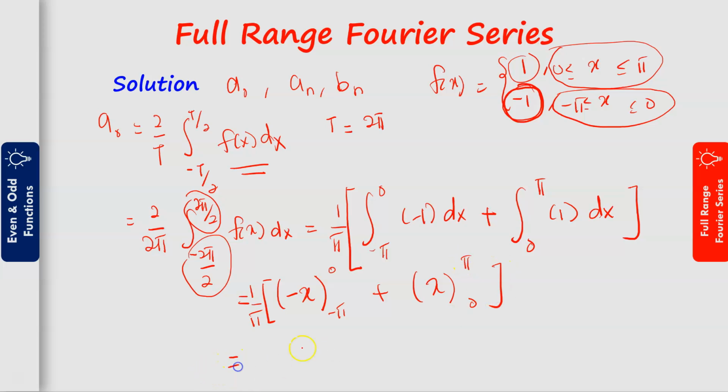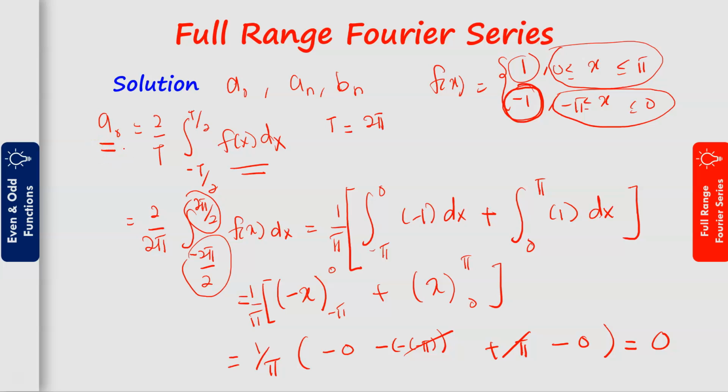And then you can simplify this, which is 1 over pi times (negative 0 minus negative pi) plus (pi minus 0). So here you get positive pi, negative pi plus pi, we can cancel out this. So we get 0, all this will be 0 multiplied by 1 over pi. So you will get the answer 0 for our a naught.